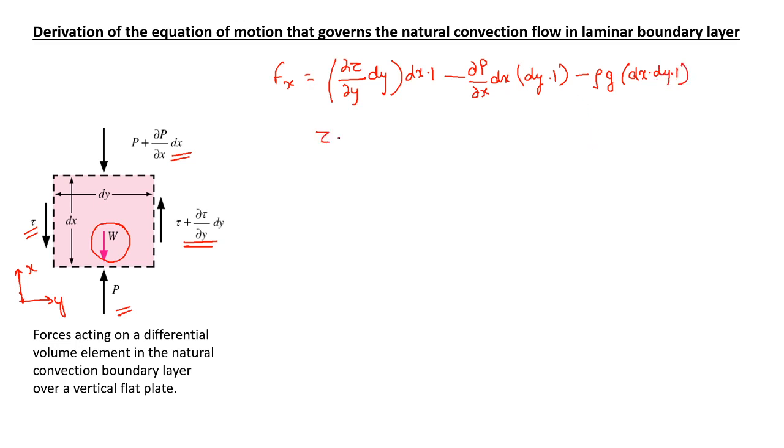After substituting the value of shear stress for a Newtonian fluid, which is mu del u by del y, into this equation, we have Fx equal to mu times del square u over del y square, minus del p over del x, minus rho g, taking dx dy dot 1 as common.